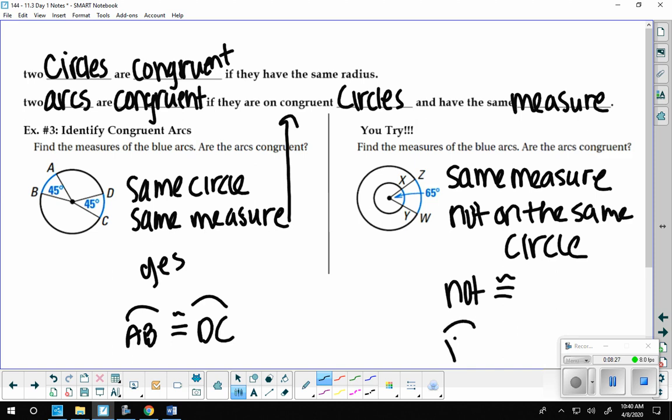So we can say arc XY is not congruent to arc ZW because they're on different circles. And you can see that they look like different sizes too, right? Even though the central angle for both of them is 65 degrees. So same measure, but they're not on the same circle, therefore they're not congruent.